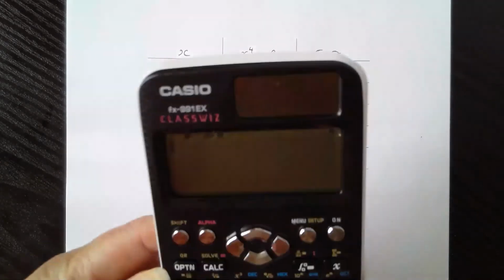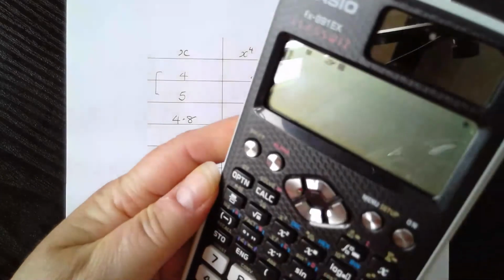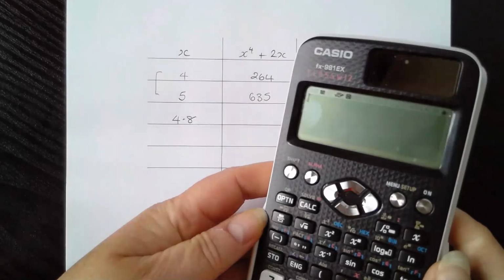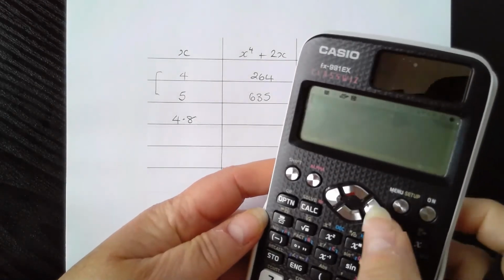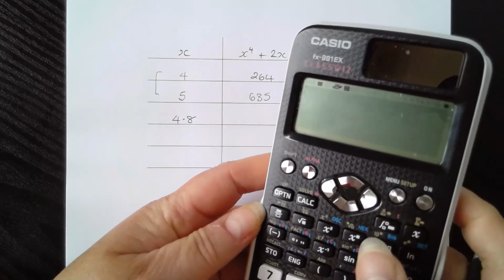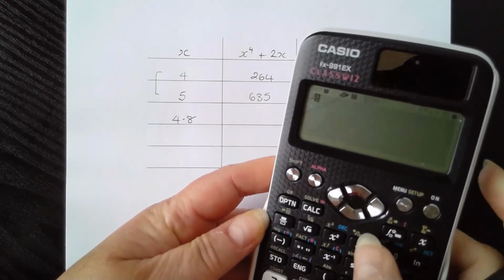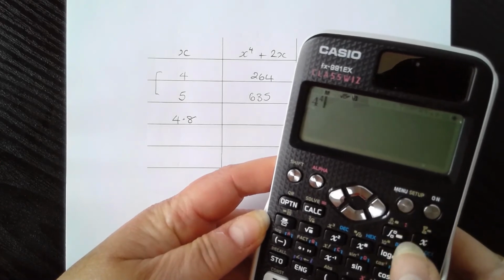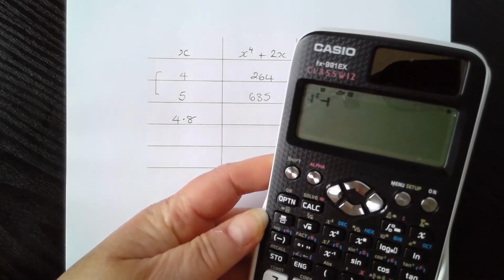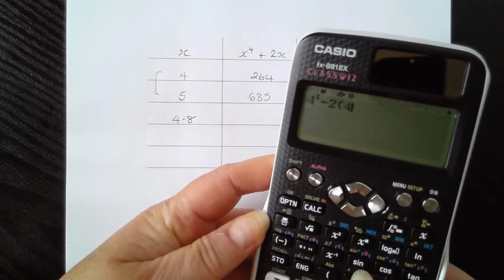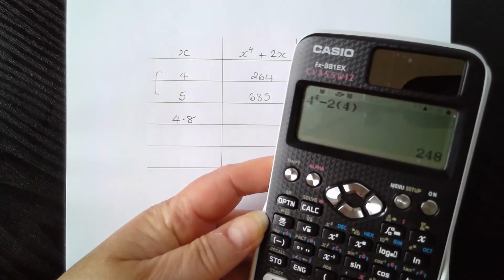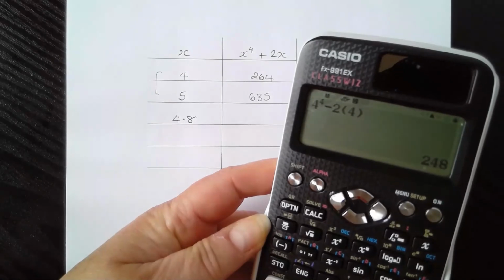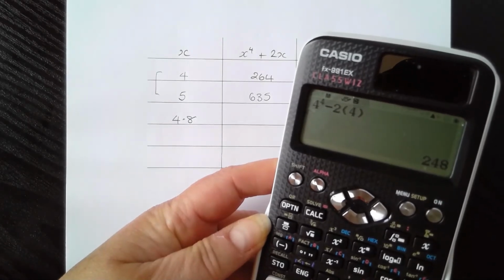But it is possible to use, let's see, 4 to the power of 4, take away 2 lots of 4, use your brackets, it's 200 and, looks like I've made a mistake.